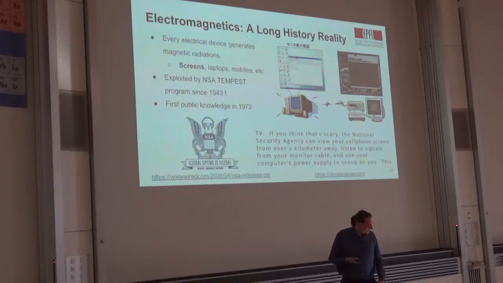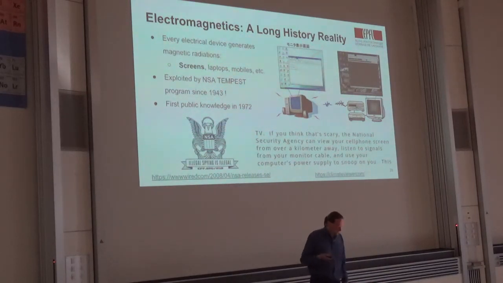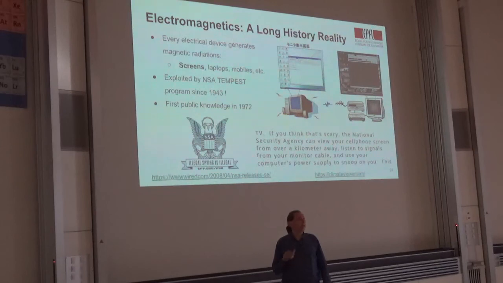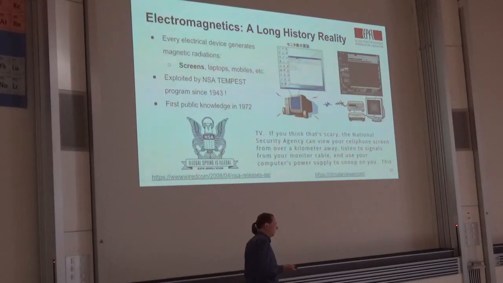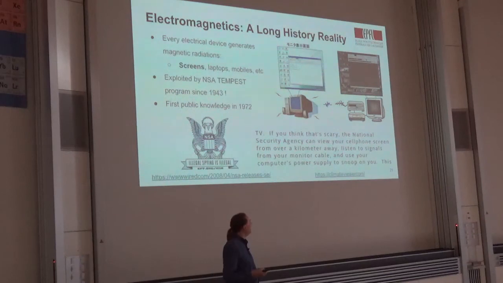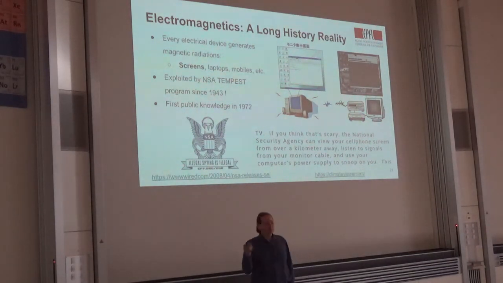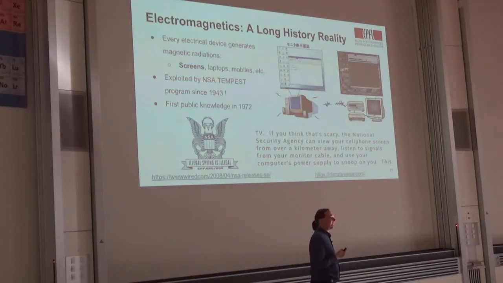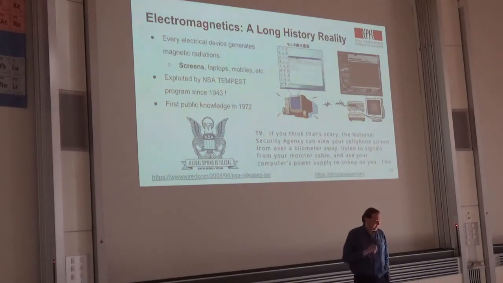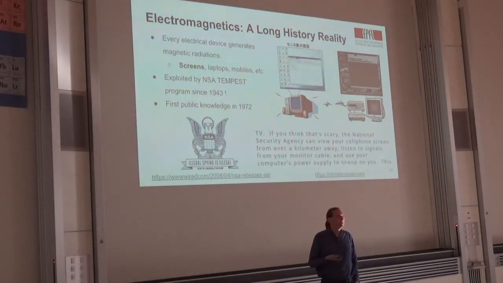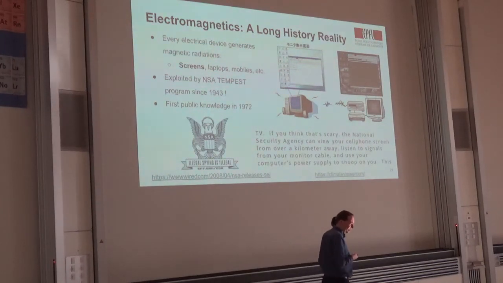Security agencies like the US NSA have known about it a long time, and have for decades had the capability of remotely reading the contents of a CRT screen, a monitor, from a significant distance, or through the walls of an unshielded room, just by reading and properly decoding and analyzing the electromagnetic signatures.